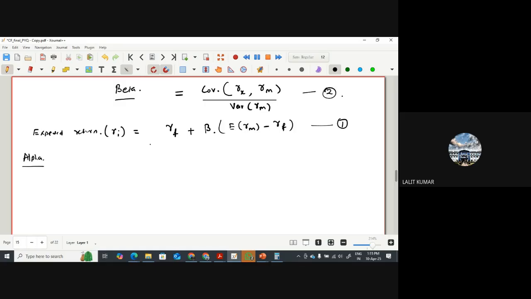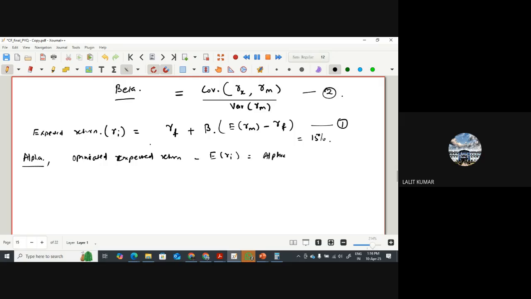We calculate this mathematically, but somebody says that no, I have an opinion that, for example, here I have got 15%. And alpha is nothing but the opinionated expected return minus this ERI, that is alpha.